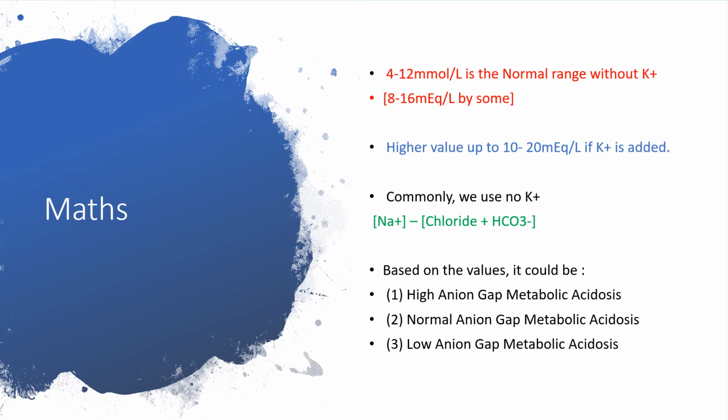Based on the values that we might get, we could be dealing with high anion gap metabolic acidosis, normal anion gap metabolic acidosis, or low anion gap metabolic acidosis.